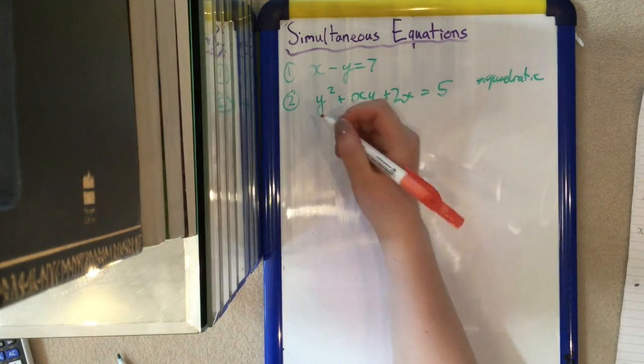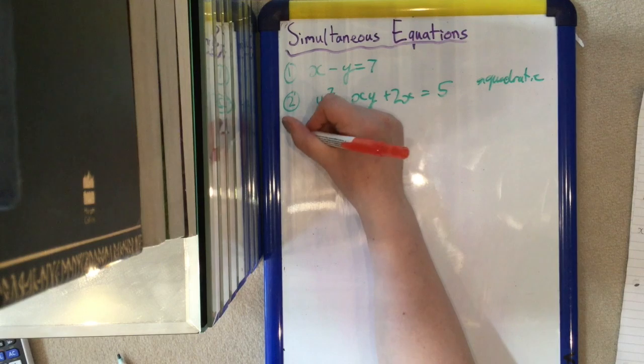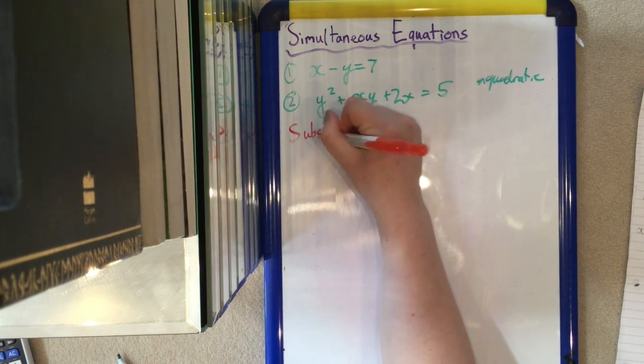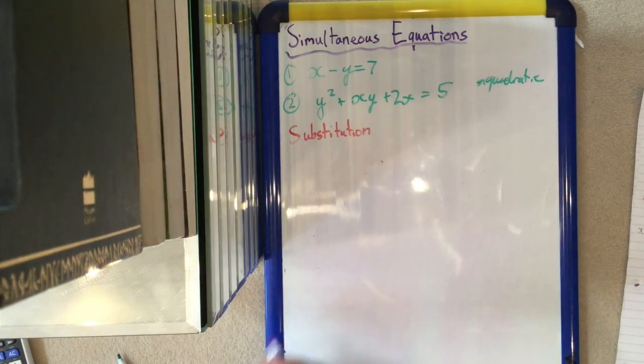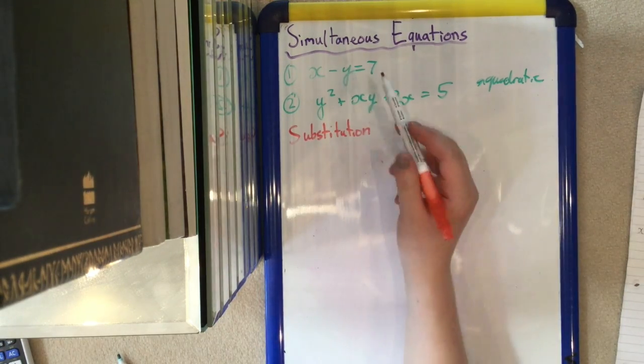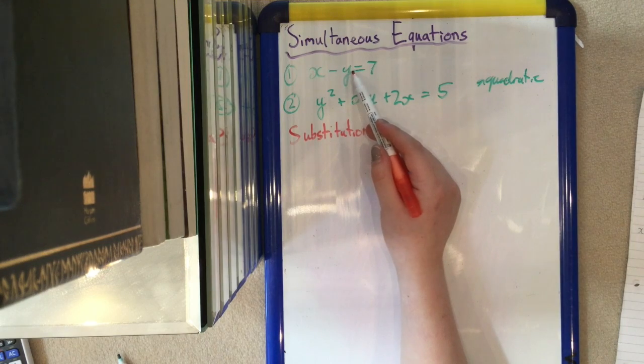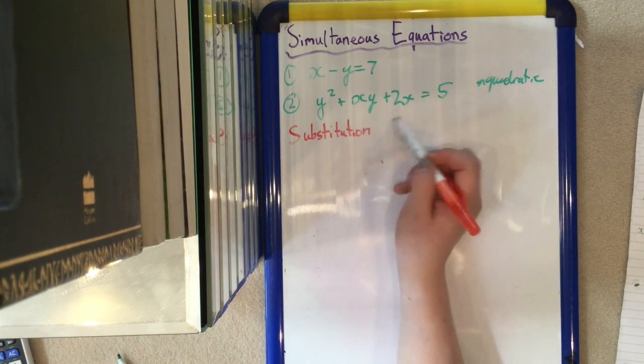To solve this pair of equations, there is only one option, and that is to use substitution. And the rule for substitution is you will always substitute the linear equation into the quadratic.